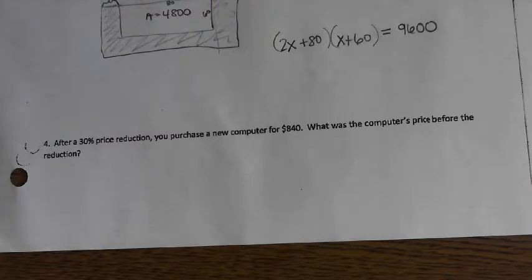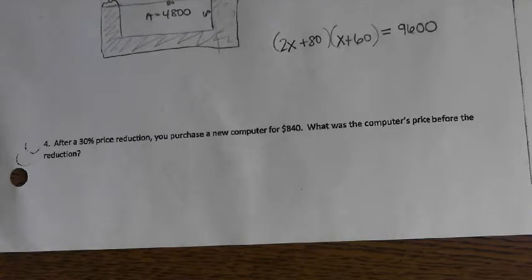But increasing $840 by 30% is not the same as taking 30% off whatever the original price was, because you're supposed to take 30% of the original. If 840 was the original price and you marked that up by 30%, then you would get to 1,092.